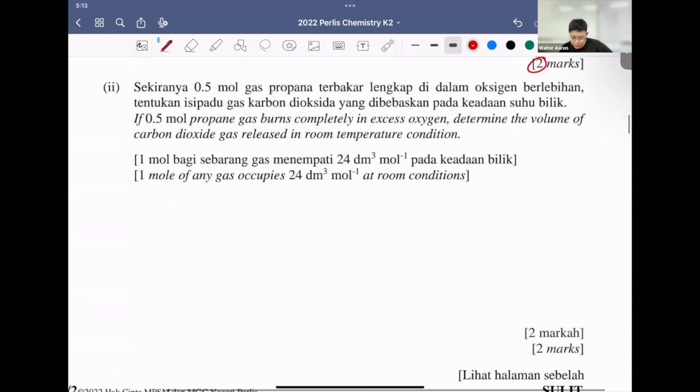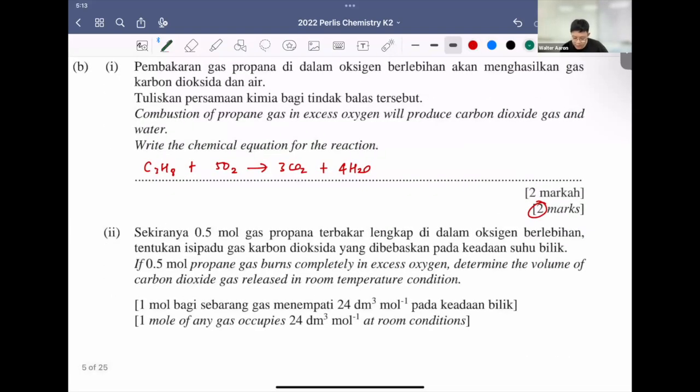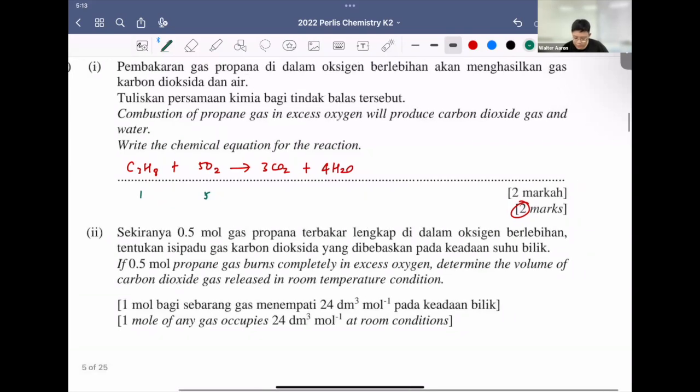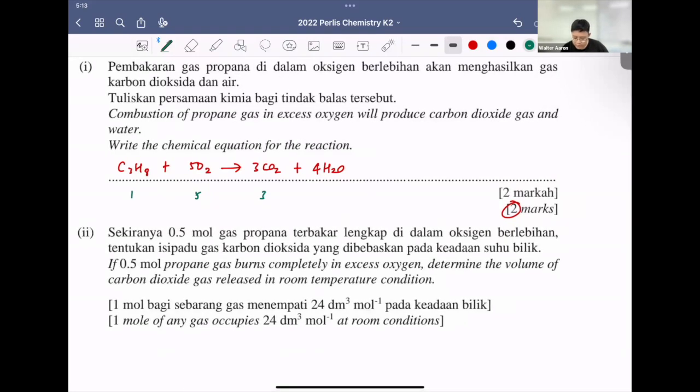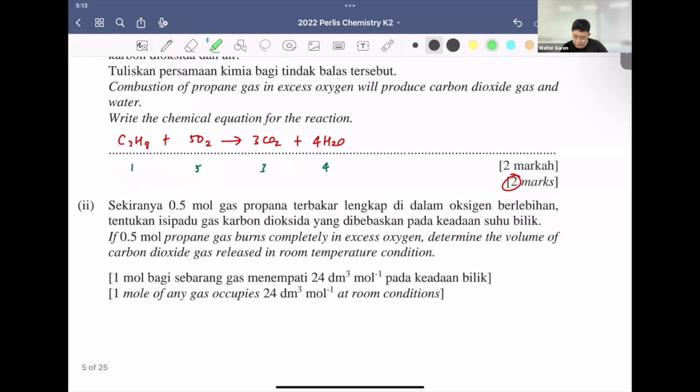And number 2, if 0.5 mole of propane gas completely burns in excess oxygen, determine the volume of carbon dioxide gas released at room temperature conditions. If you take a look at the equation, for every 1 mole of propane, it combusts with 5 moles of oxygen to give you 3 moles of carbon dioxide and 4 moles of water. What they want is to determine the volume of carbon dioxide released when you have 0.5 mole of propane being combusted.